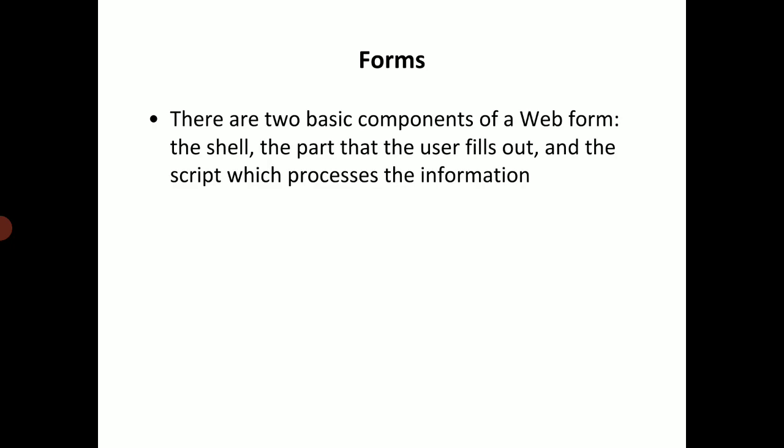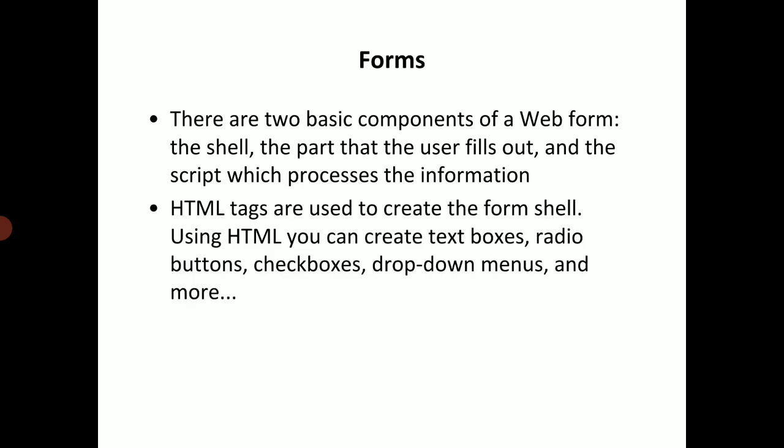There are two basic components of a web form, that is the shell, the part that the user fills out, and the script which processes the information. HTML tags are used to create the form shells. Using HTML, we can create text boxes, radio buttons, checkboxes, drop down menus, and submit buttons.